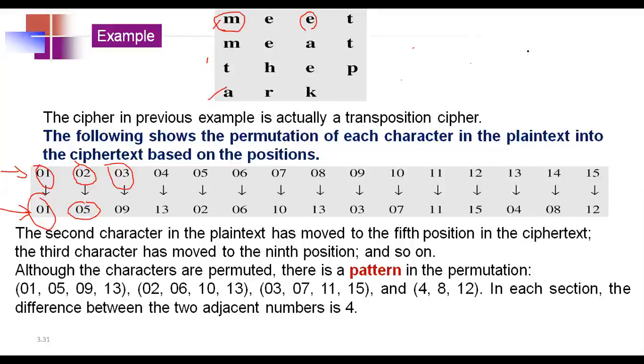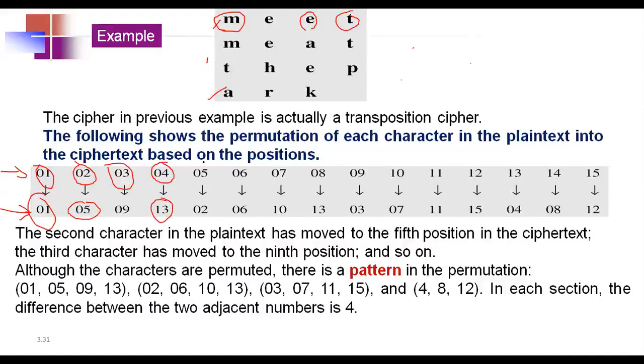First column has 4 characters, second column 4 characters, 8 plus this is the ninth character. Likewise, this T is actually the fourth character, but in the ciphertext its position is 13.